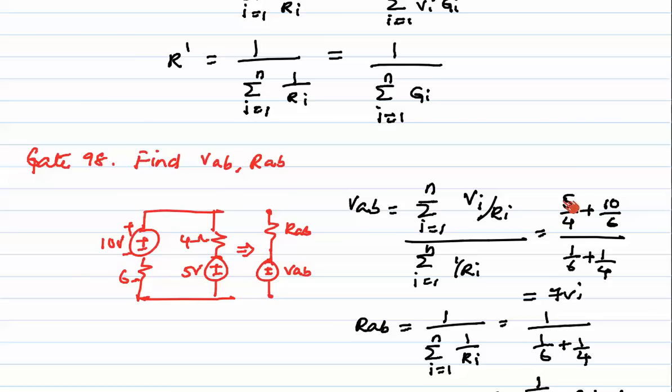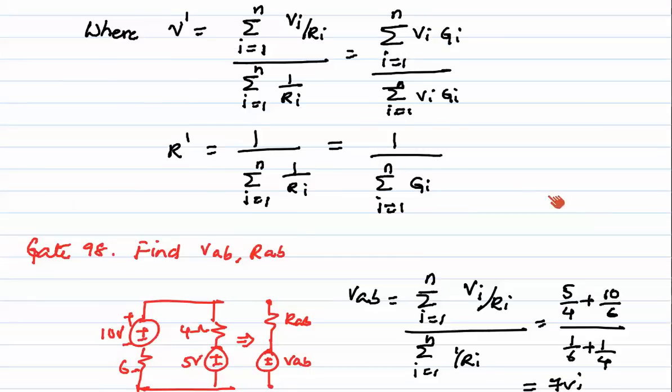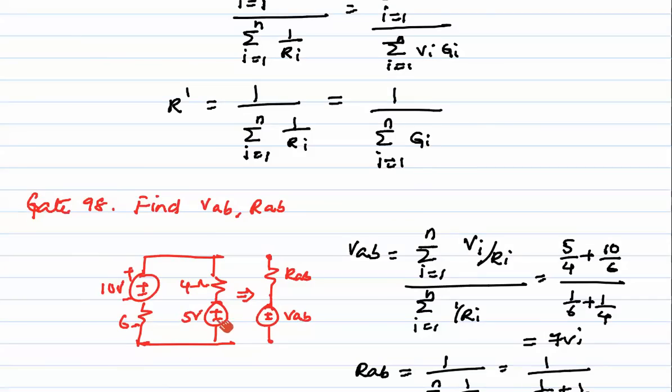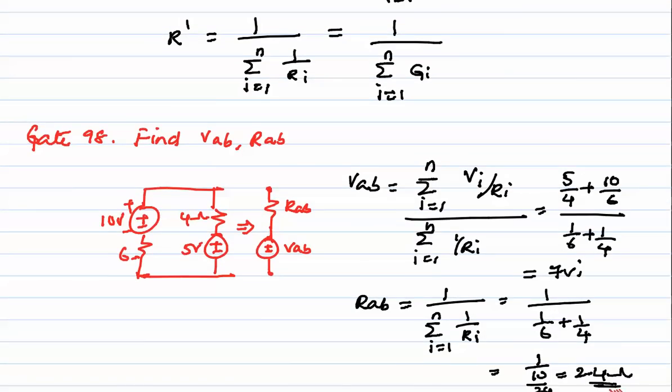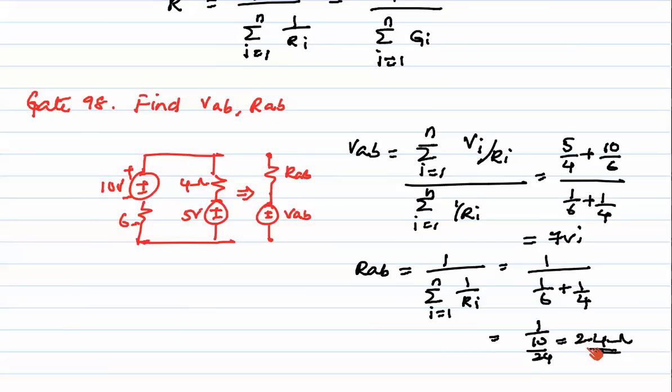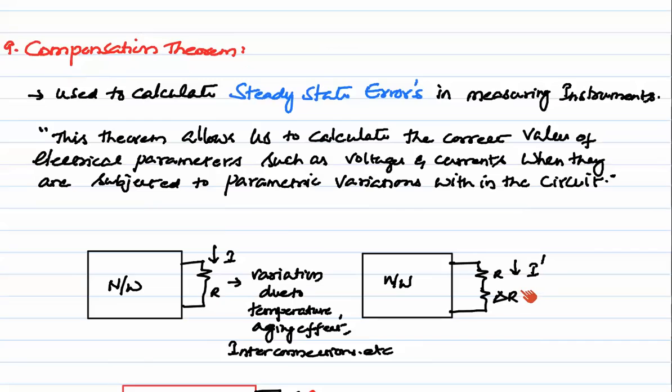Vi is 5 and the series resistance is 4, and the 10 volt source is in series with 6 ohms, divided by 1 by 6 plus 1 by 4, we will get 7 volts. So VAB we got 7 volts, and RAB we get 2.4 ohms.